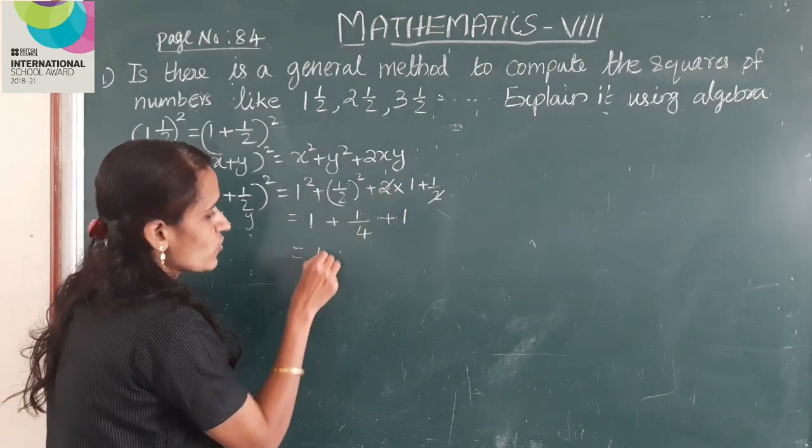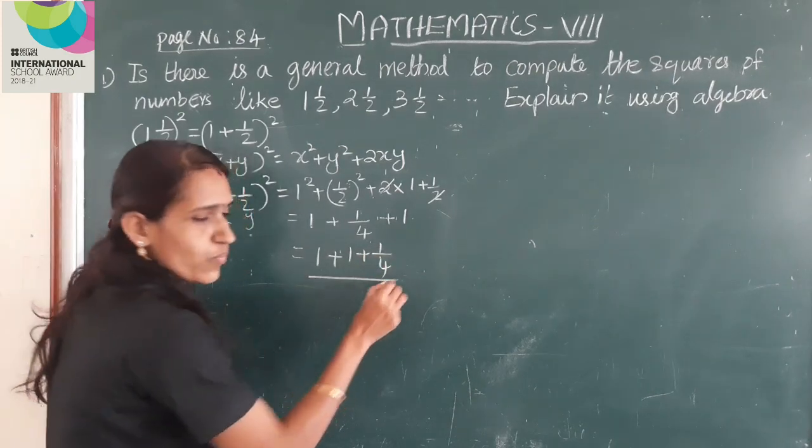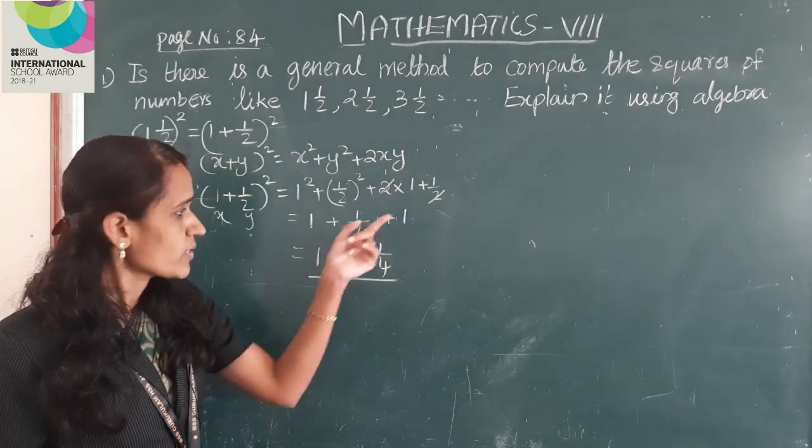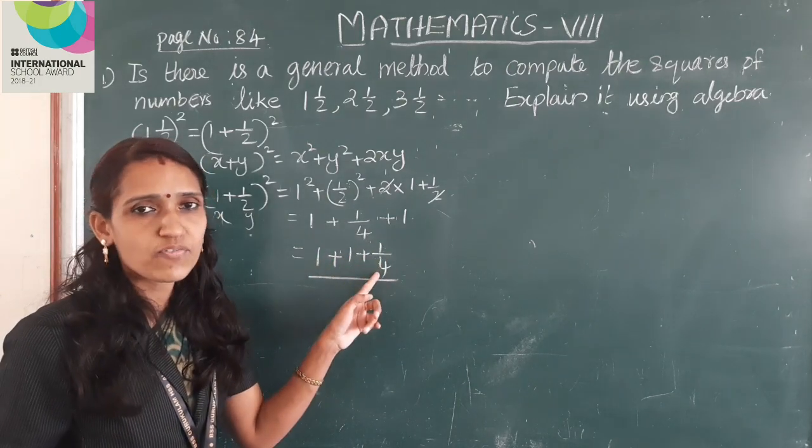So this is equal to 1 plus 1 plus 1 by 4.